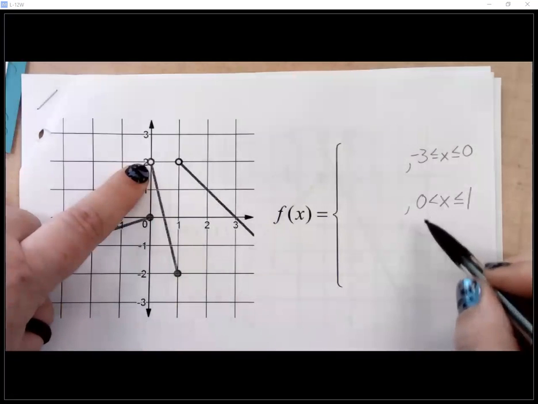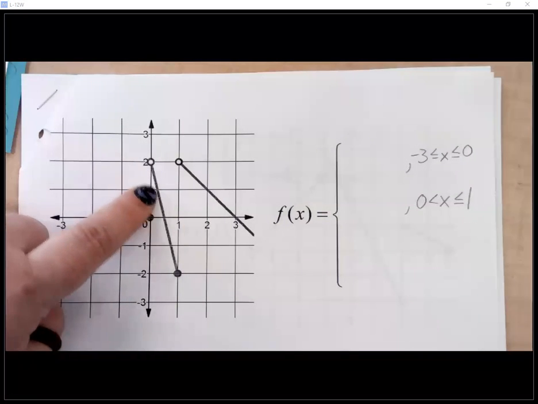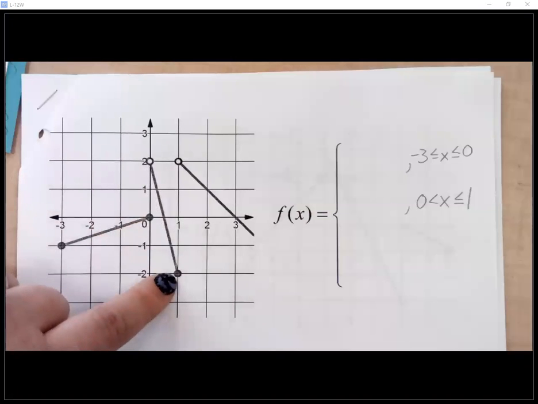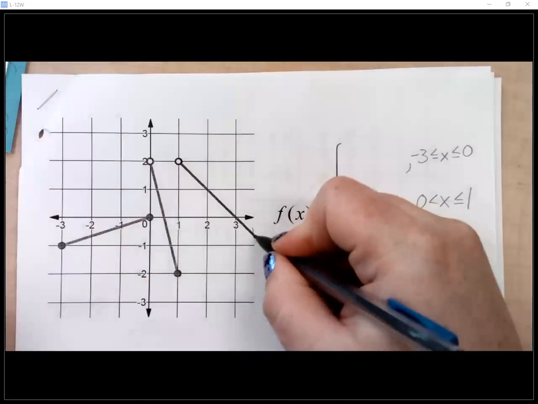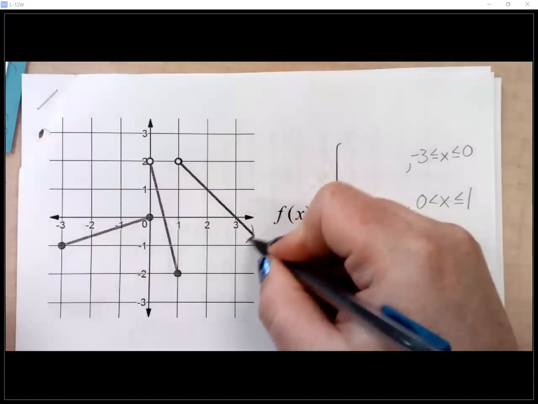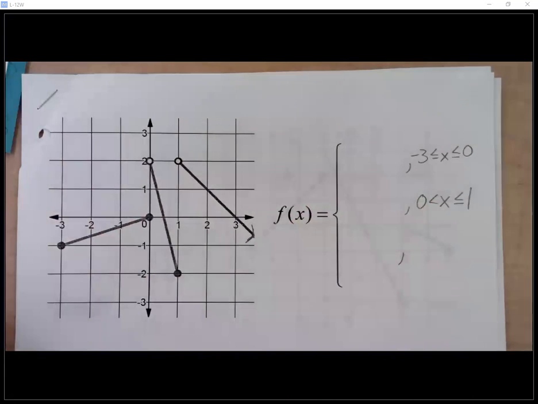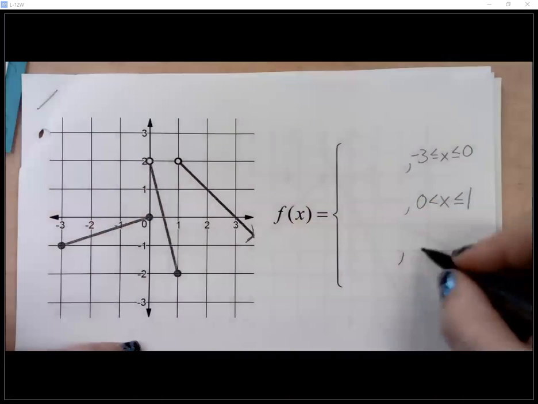It has to be greater than 0, but I still want to be less than, but now I could be or equal to 1. Okay, and now try the last piece. So this you can assume just keeps going on forever. What's the last chunk going to be? Jake, tell me. X has to be greater than 1. You got it. X has to be greater than 1.